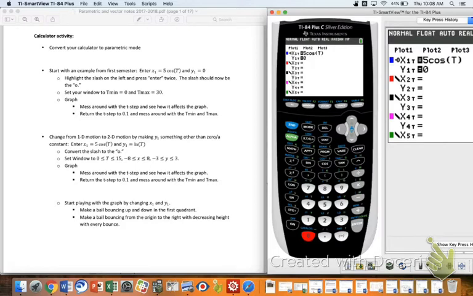And then the next instruction is about highlighting the slash and pressing enter. I don't know about pressing enter twice. Instead of a slash, you want the little open circle looking thing.